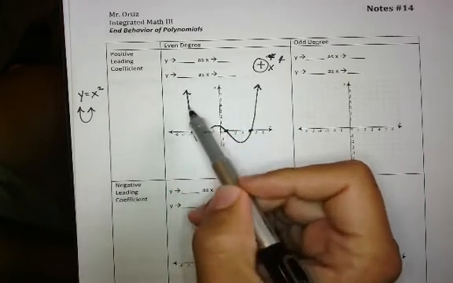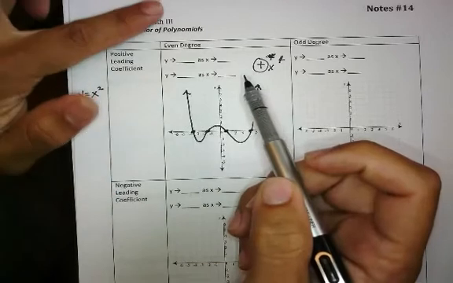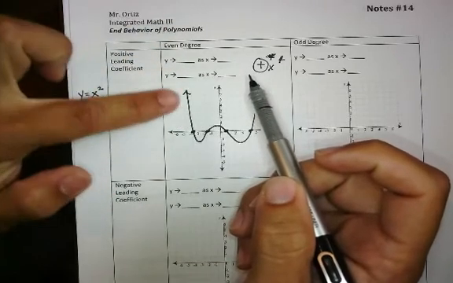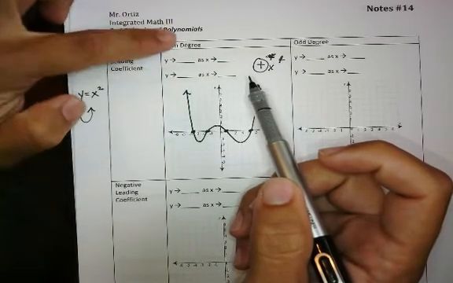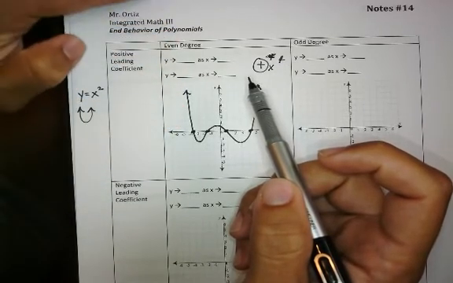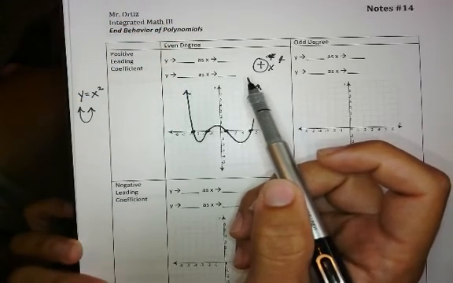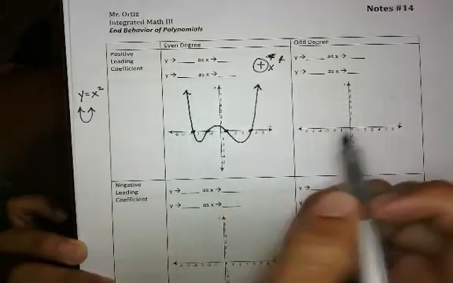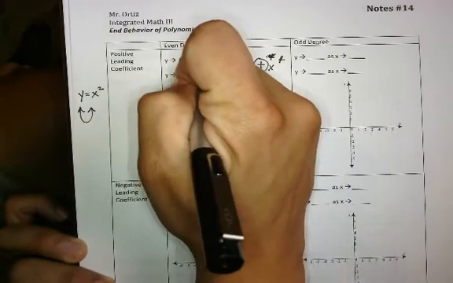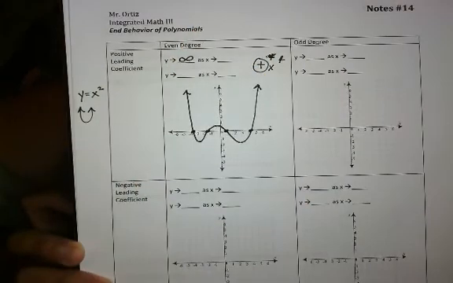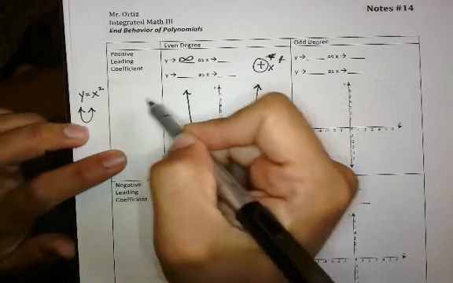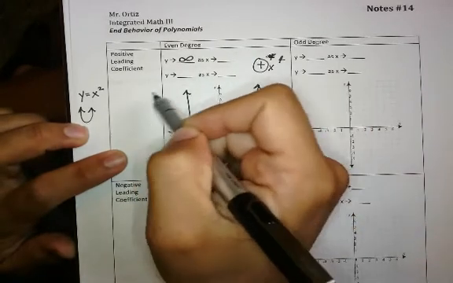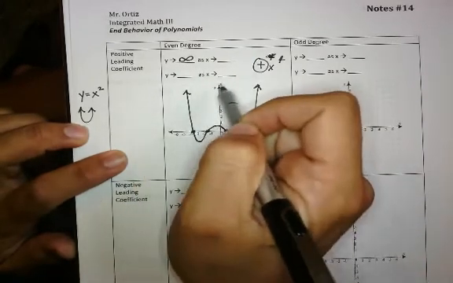So on this side, is our y going to positive infinity or negative infinity? It is going toward positive infinity. There you go. As y goes to positive infinity, as x, so now on the left side, is x going to negative infinity or positive infinity?